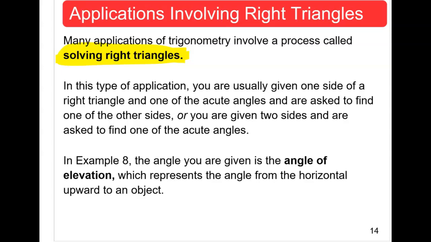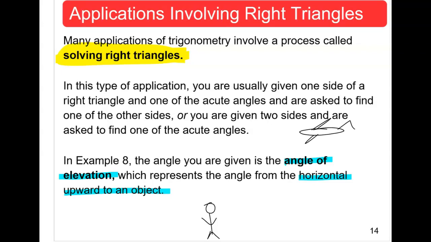On the next example, the angle that we are going to be given is called the angle of elevation, which I'm going to explain on the next slide. It represents the angle from the horizontal upward to an object. So imagine that you are standing here, and you look at an airplane flying by.